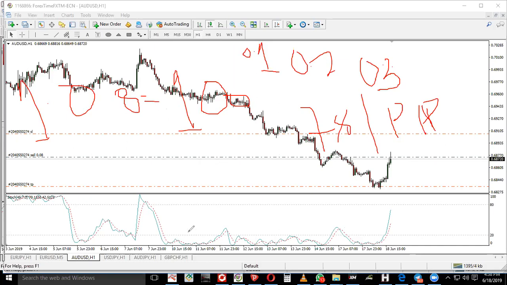So currencies differ from each other. I may execute another trade on USD JPY, for instance, and then the pip value is different from the Australian dollar. So don't worry. By the time we go on demo, we will understand these things better.